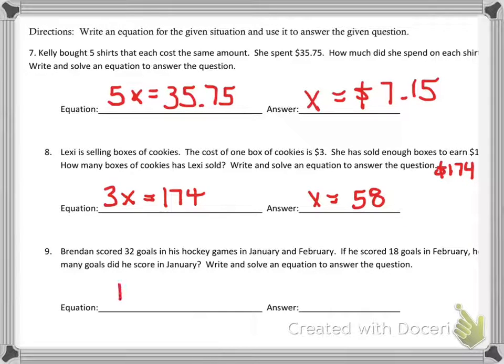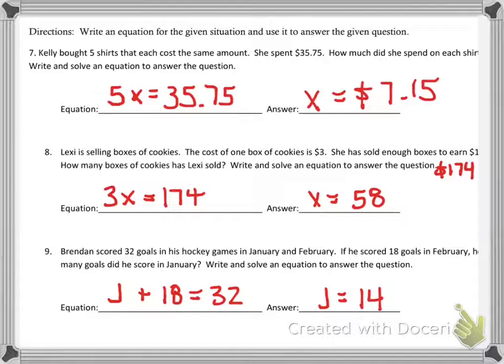So January is my variable, J, plus the 18 he scored in February is equal to his total number of goals, and that's 32. So we subtract 18 from both sides to get the variable alone: J equals 32 minus 18, which is 14.